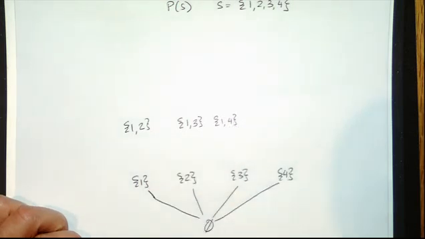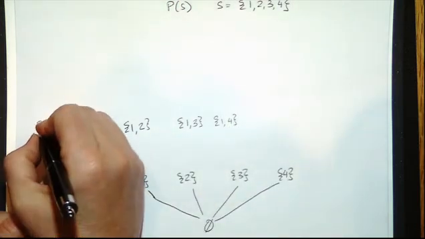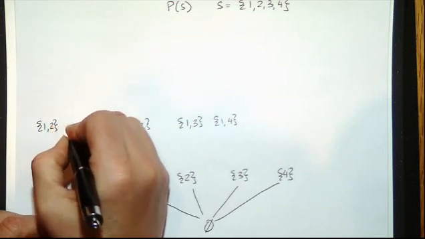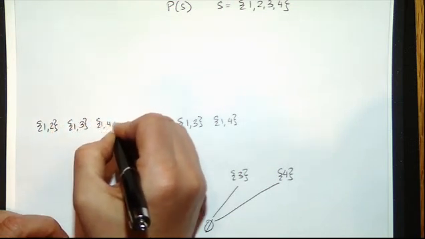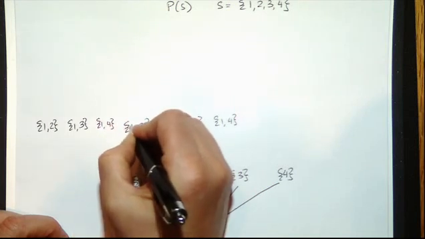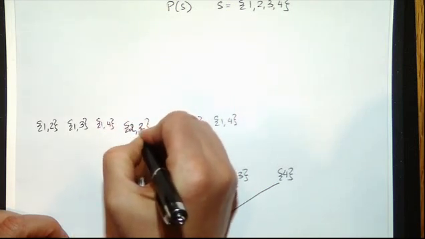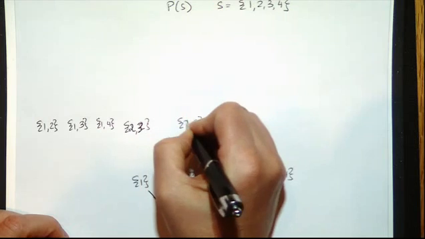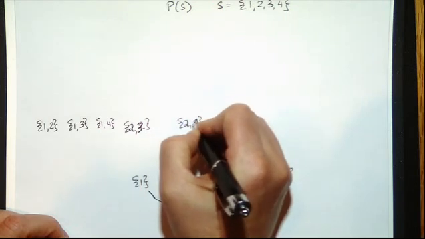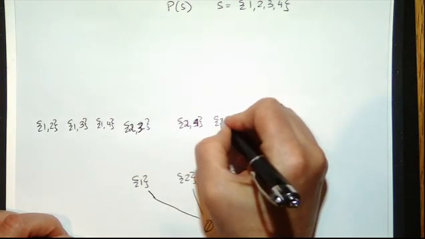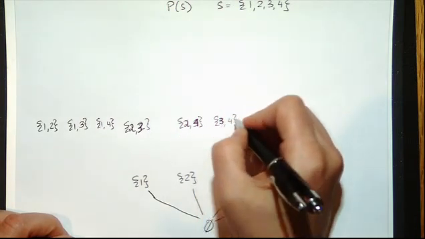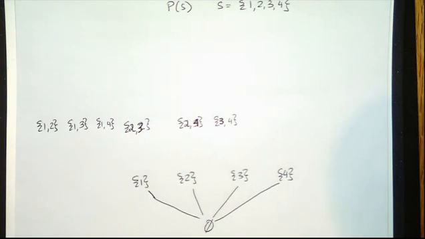And I haven't given myself enough room here, so I'm going to start over here. Oh, well, I didn't need that as much. It was supposed to be a lot prettier than that.